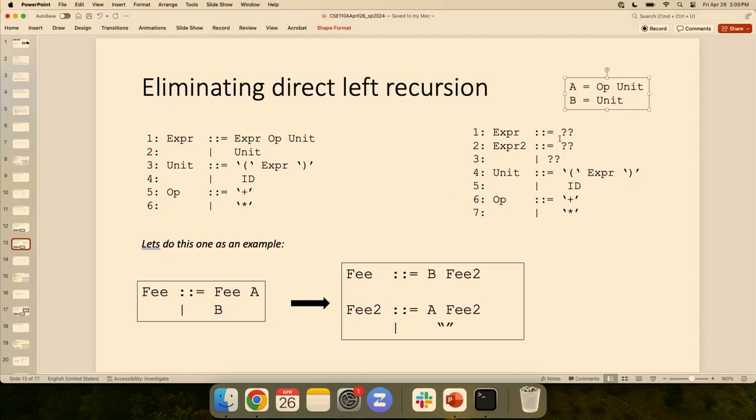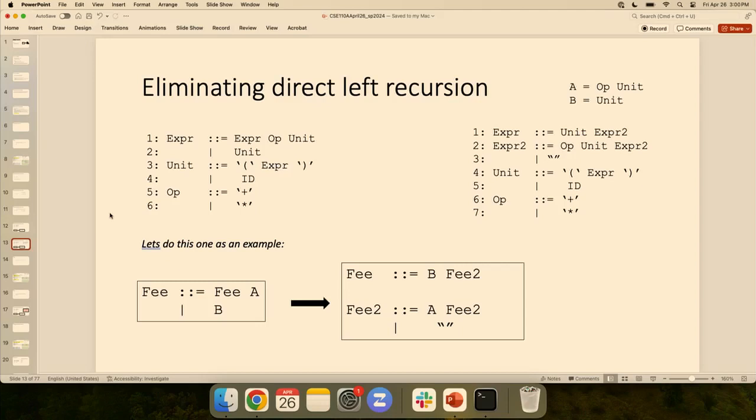And now that we have that, we can apply our recipe, which basically says our original one goes to B, so unit expr2, and this one goes to A, which is op unit expr2, just applying this recipe, and this comes down and is empty. So you can rewrite any production rule to be non-left recursive using this recipe. And you will be needing to do that in your homework, because to get left associativity, you need to first have left recursion, and then you need to adapt it. Now, does that ruin your left associativity?